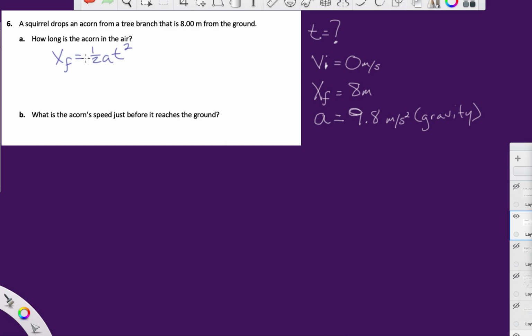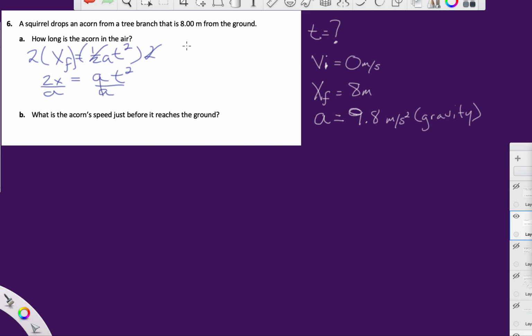And the first thing I'm going to do is multiply by 2. So 2, that cancels out with that. And I have 2x equals a t squared. Well, I'm going to divide by a. And what do I get?